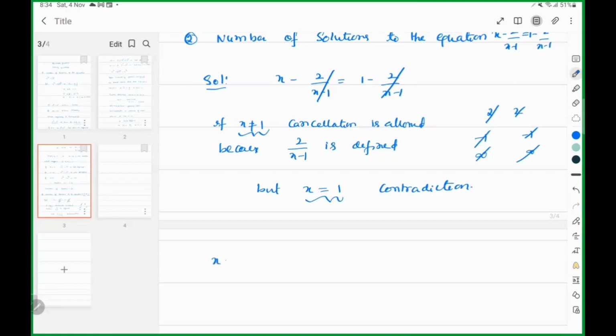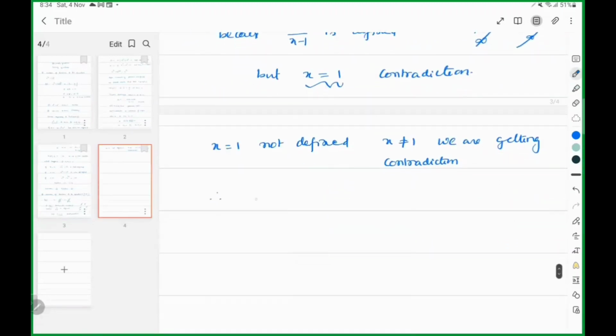So x equal to 1 is not defined, and for x not equal to 1 we are getting a contradiction. So hence, in any case, there is no solution. Number of solutions are 0.